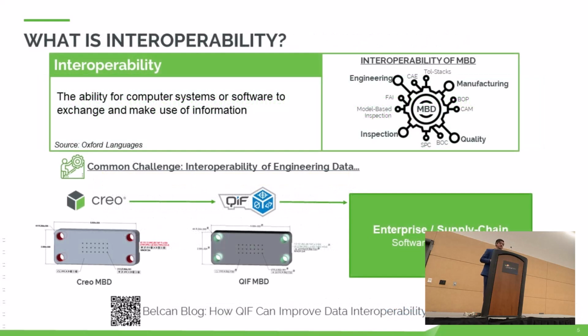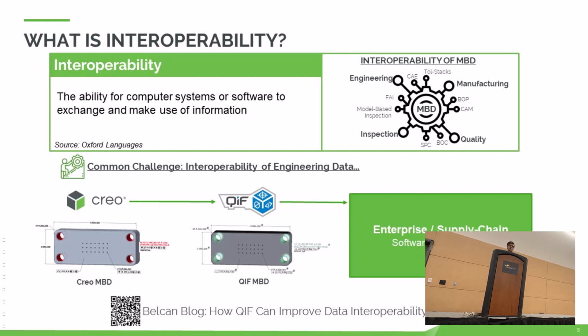So let's start off with interoperability. Interoperability is the ability for computer systems and software to exchange and make use of information. So when we think about model-based definition, how do we exchange model-based definition in all of its elements to downstream software and tools that we find within our enterprise, across engineering, manufacturing, inspection, and quality?